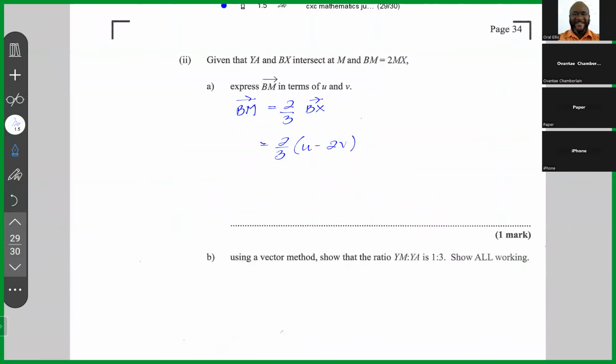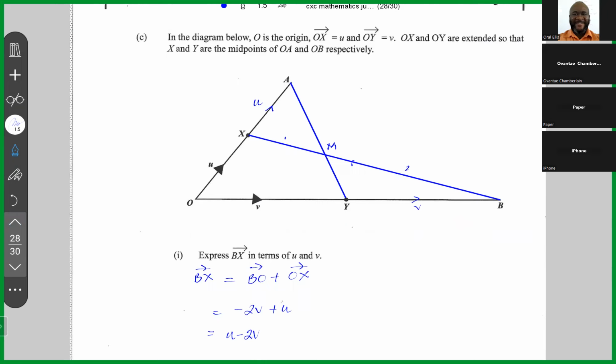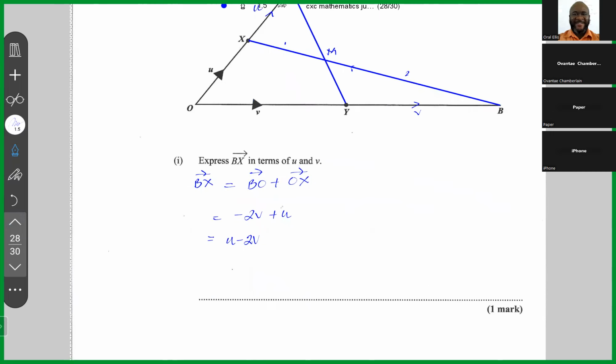Show that the ratio YM to YA is 1 to 3. So let's find YM and YA. YM would be equal to YB plus BM.